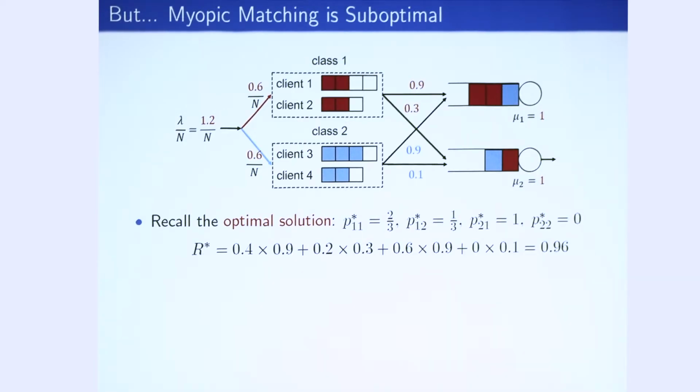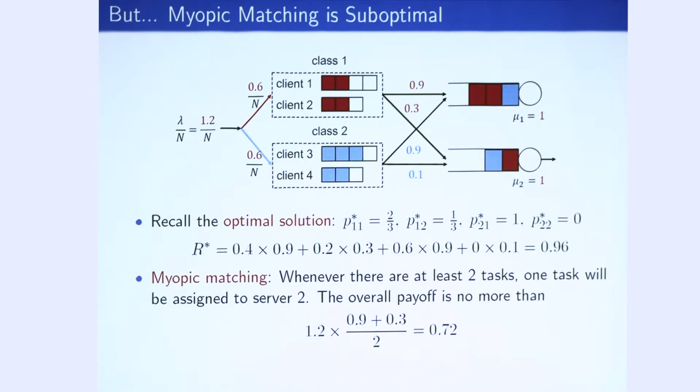The reason is that this policy, called myopic matching, is too nearsighted. It focuses too much on maximizing the instantaneous payoff and ignores the future payoff. This can be seen in this running example, where, recall that the optimal solution is given by this, and you can easily work out that the oracle upper bound of the payoff is 0.96.